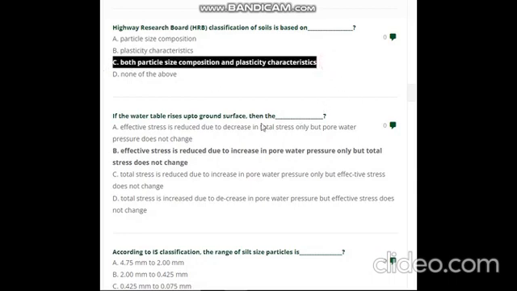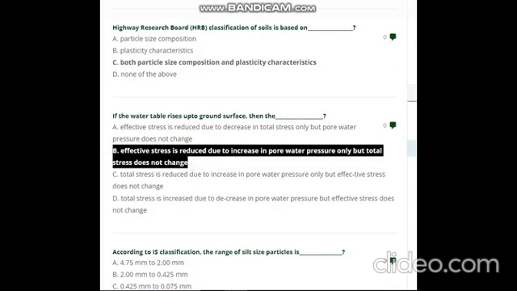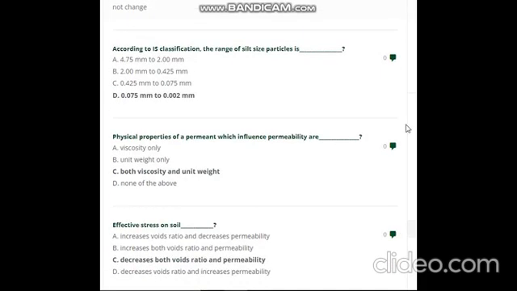If the water table rises up to ground surface, then the effective stress is reduced due to increase in pore water pressure only, but total stress does not change.